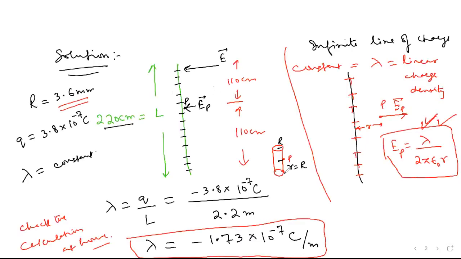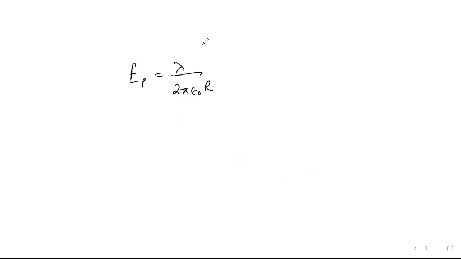So my E_P is lambda by 2 pi epsilon naught R, where small r is my capital R, the radius of the rod. So let us put the numbers. My lambda is minus 1.73 into 10 raised to the power minus 7 coulomb per meter.